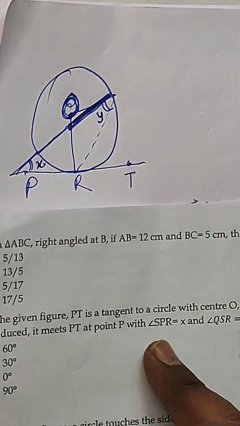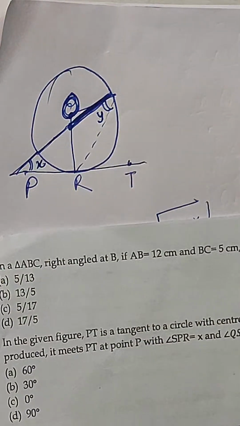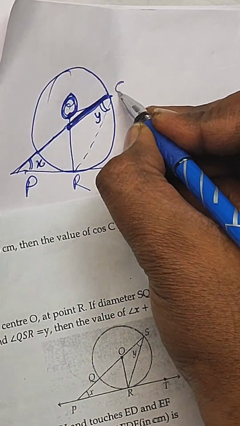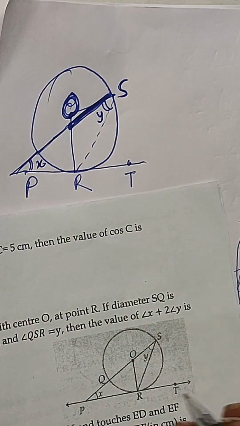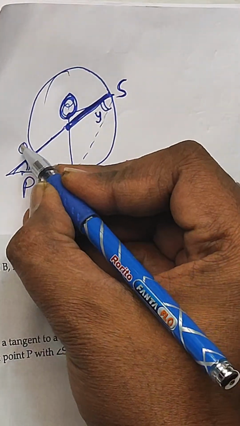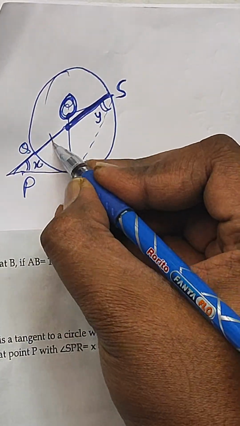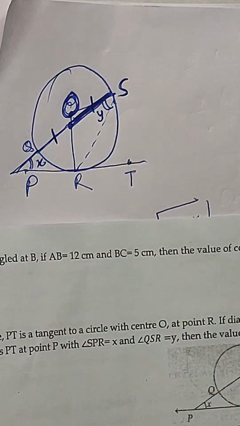Okay, got it? At point R, if diameter SQ is produced, where is SQ? This is S. Okay, this point is Q. You can see this point. So this SQ is the diameter. That means this is the radius, my dear friend. OQ equal to OS, right?